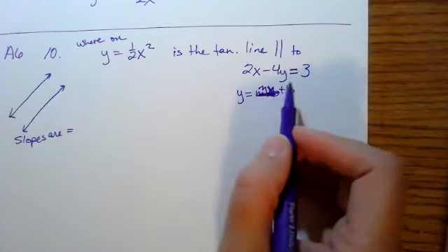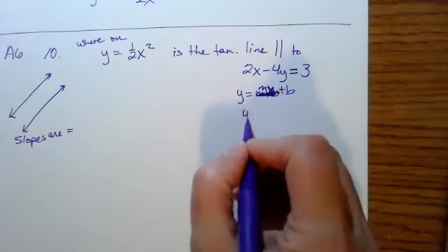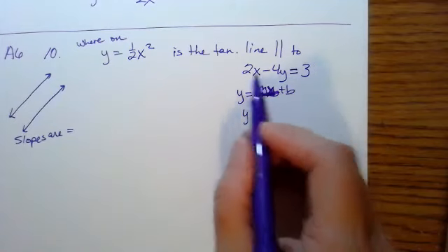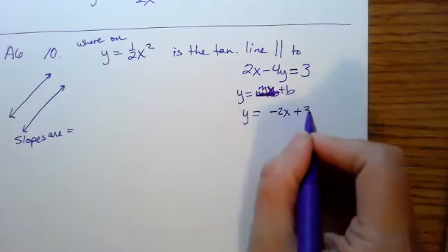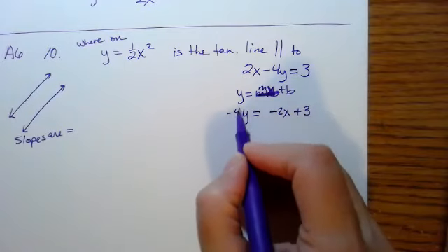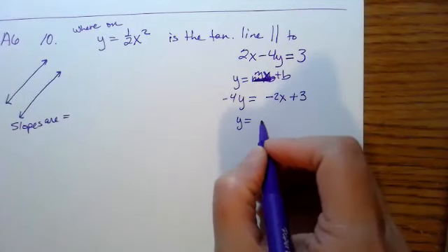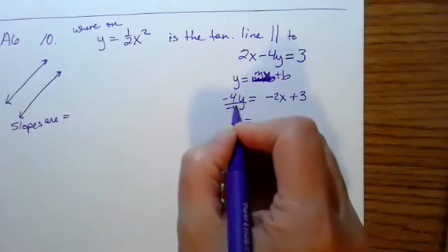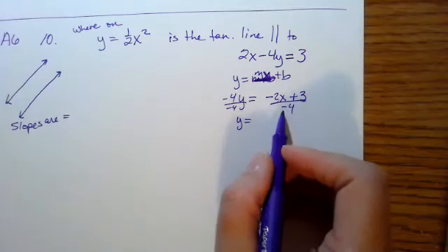Okay, that would help us find the slope of it. So we solve for y to do that. If y is alone, we've subtracted the 2x over to join that positive 3. And then as a next step, we're going to divide by the negative 4. That means everything's getting divided by negative 4 over here.